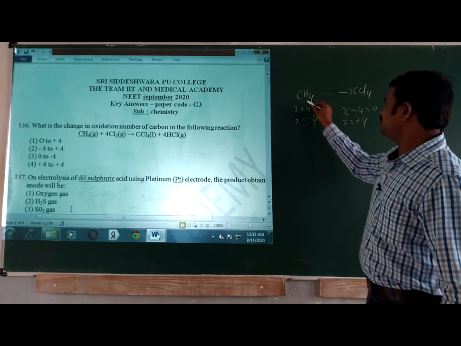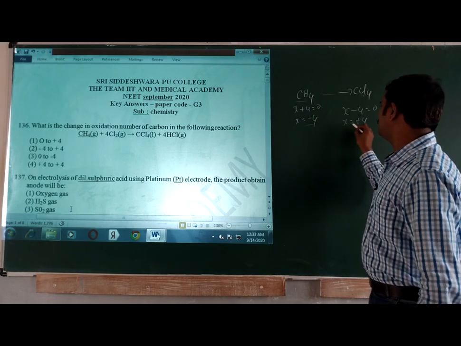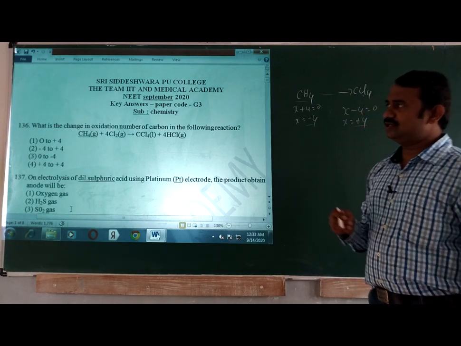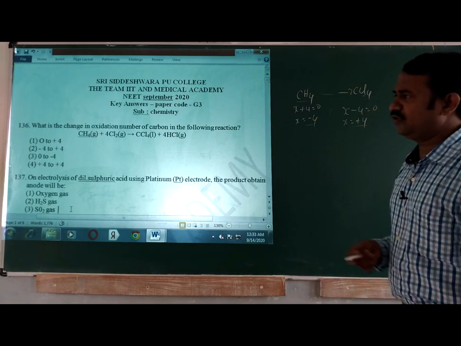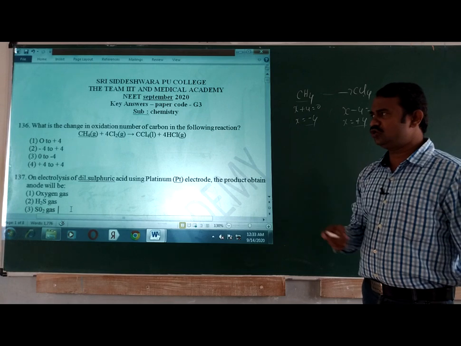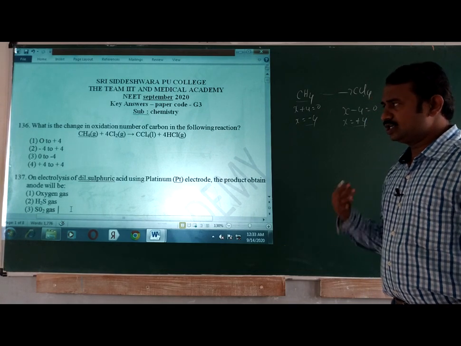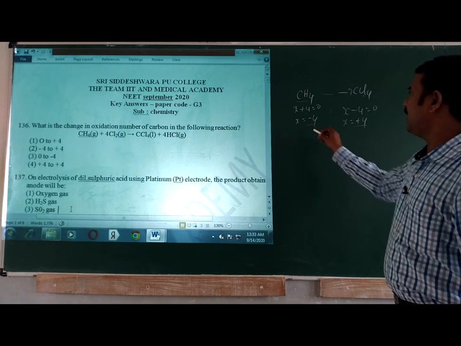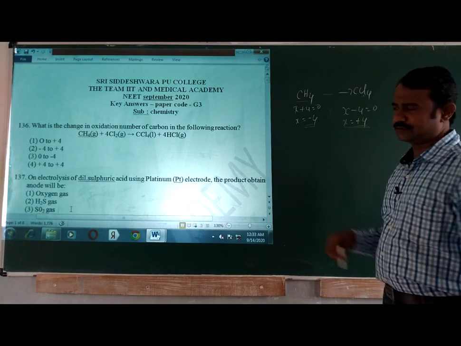The oxidation state is changed from minus 4 to plus 4. You can check the options: 0 to plus 4, minus 4 to plus 4, 0 to minus 4 and plus 4 to plus 4. The answer is minus 4 to plus 4.